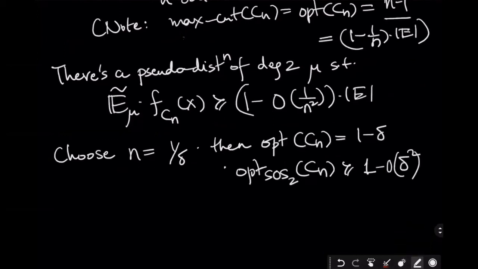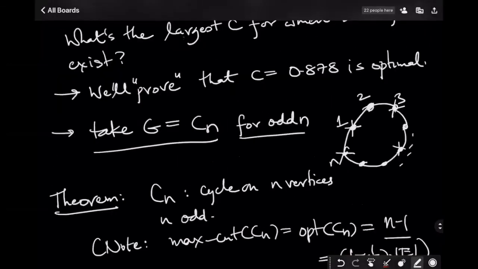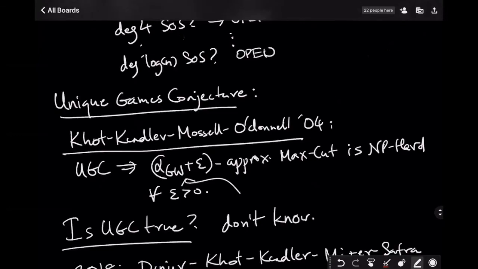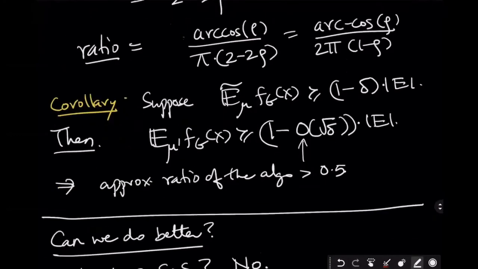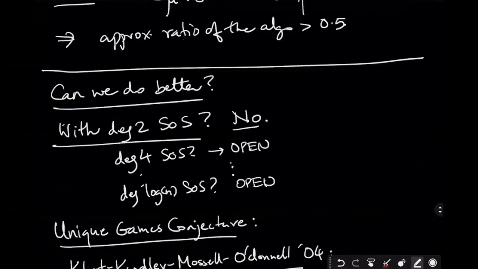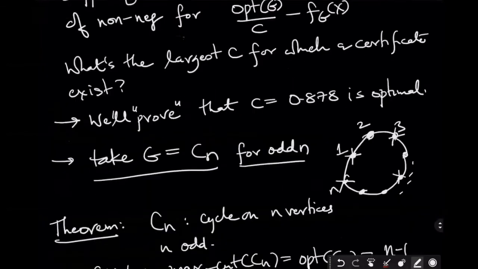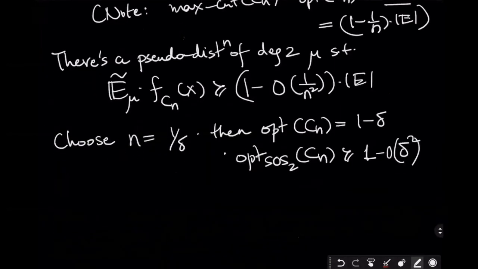So, remember this claim that we made earlier? Let's quickly go back and look at it. This claim where we took the pseudo distribution of value 1 minus delta and rounded it to a value 1 minus O of square root delta. Well, this particular claim shows that you cannot actually improve on it, at least up to the constants in this O factor.